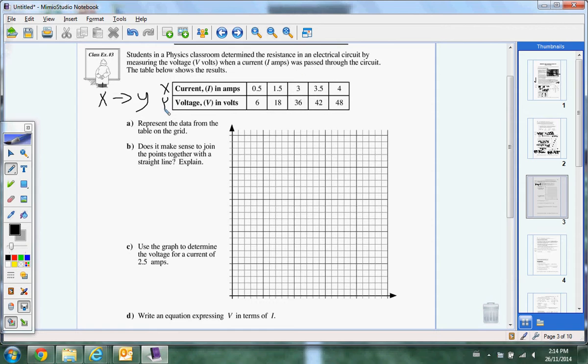So we're going to represent on the grid here. I went by every 5 spaces with a 1. 1, 2, 3, 4, 5, 1. 1, 2, 3, 4, 5, 2. 1, 2, 3, 4, 5, 3.